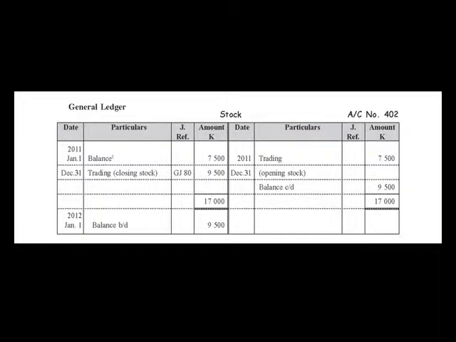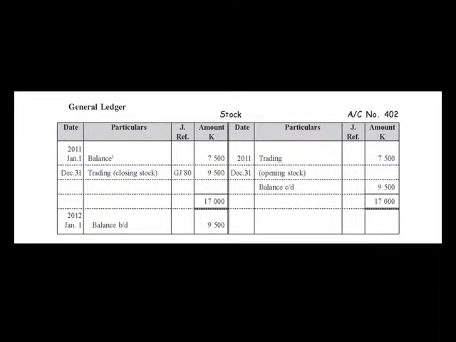And this amount 7,500 is transferred to the trading account, credit stock account and debit trading account. Then closing stock, it is 31st December. We found that we have 9,500 worth of stocks. Then 9,500 here, debit stock account and credit trading account.